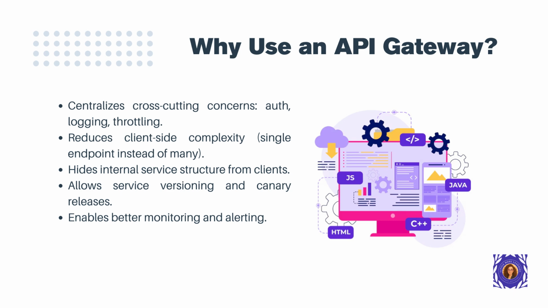They only need to know about a single endpoint rather than keeping track of multiple service URLs. It also gives you the freedom to change your internal service structure without affecting clients. Need to version your services or implement canary releases? The gateway makes this possible. And finally, it gives you a centralized place for monitoring and alerting, making your entire system easier to manage.